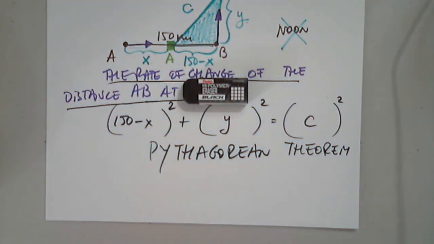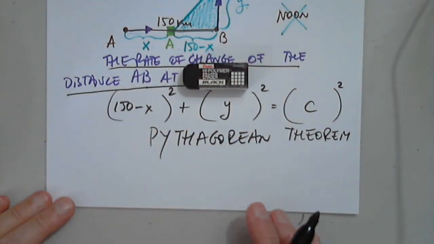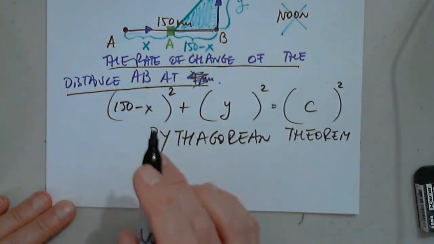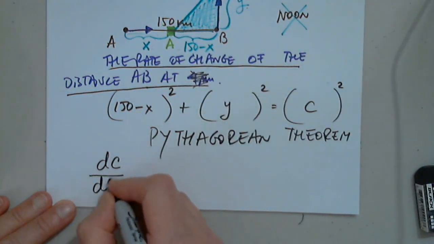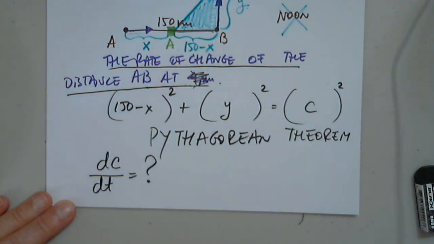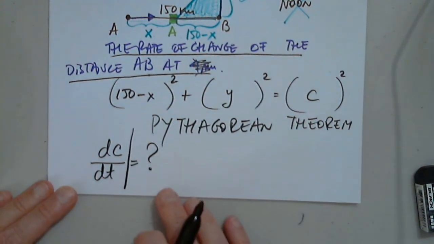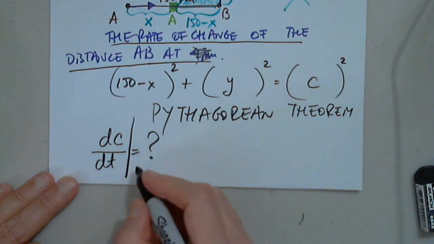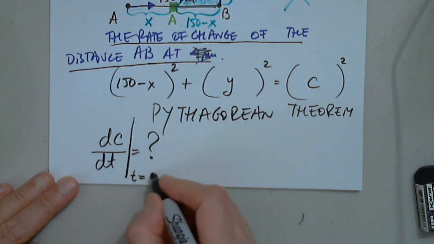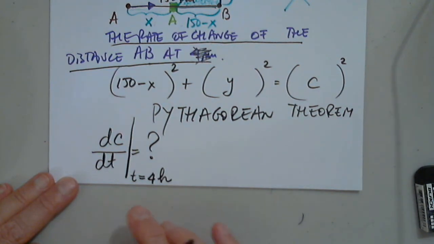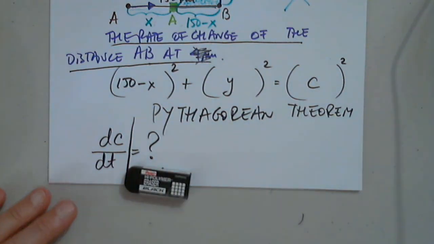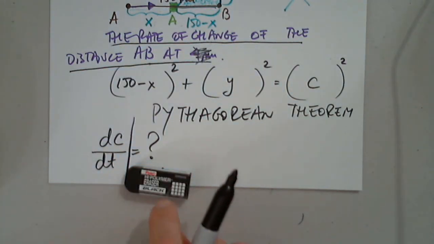They all change with time. So we need to find a relationship of movement of B in correlation to movement of A. Excellent. The question is: find dc over dt. When t equals 4 hours comes into play a lot later. Do not put it anywhere before we find dc over dt. You cannot use this number till the very last step.